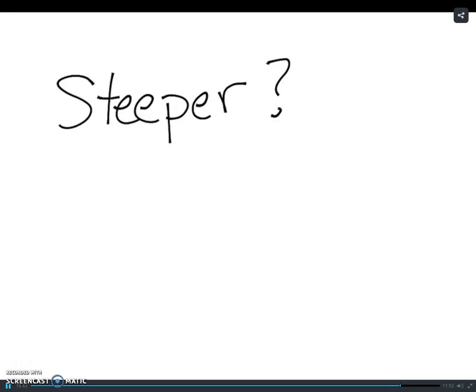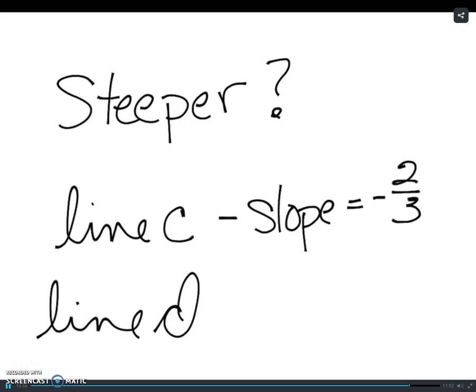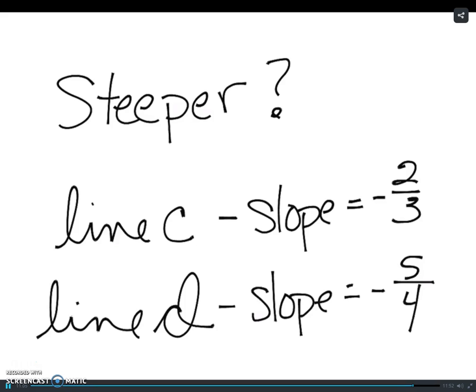Finally, we want to talk about how you can tell which line is steeper. In this one, I'm giving you line C has a slope of negative 2/3, and line D has a slope of negative 5/4. You want to take just the number. We're not interested in the negative sign at all.